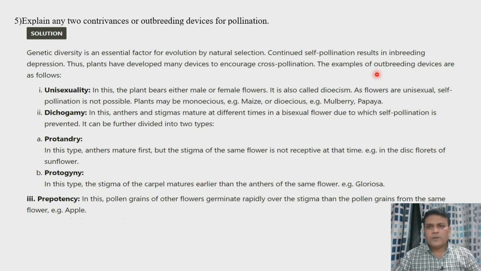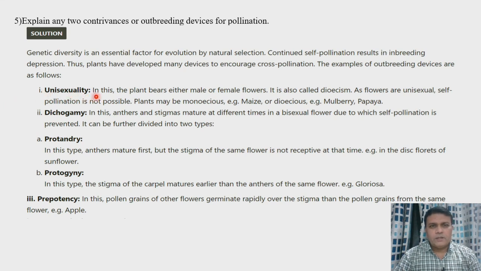Now the examples of outbreeding devices are as follows. You will have to write any two contrivances in the answer, and each contrivance has 1.5 marks. The first contrivance is unisexuality.